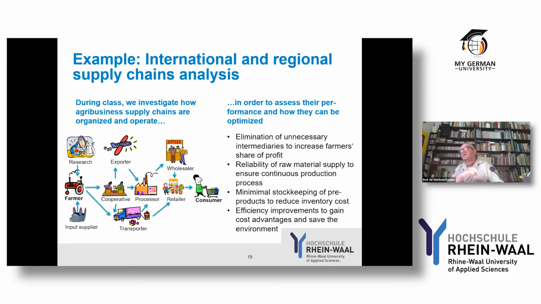So you see here, the study course is also working with the investigation of agribusiness supply chains, how they are organized, how they operate, and how they actually can be optimized, because this is probably something that people are actually going into at the end, into a job, and there it's very important to also be able to see the challenges and to optimize them and find solutions. This is what we want to prepare you for.